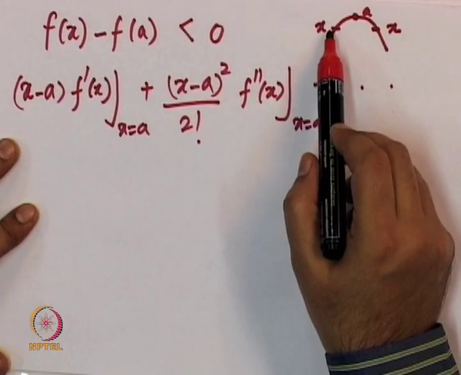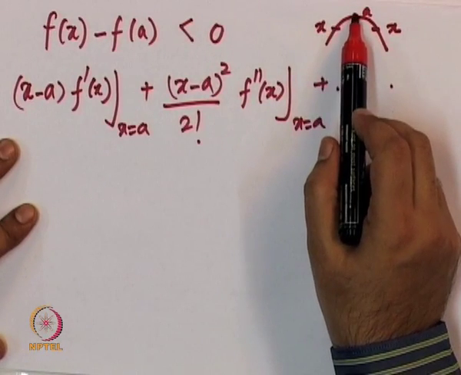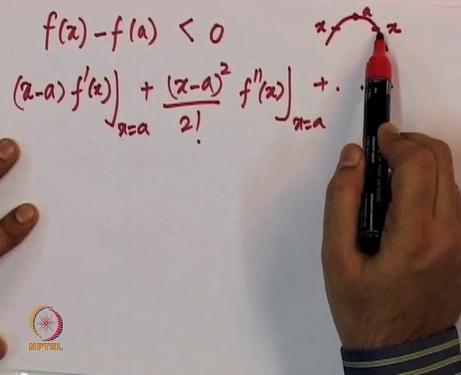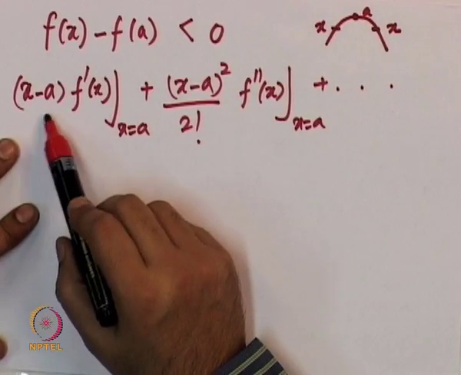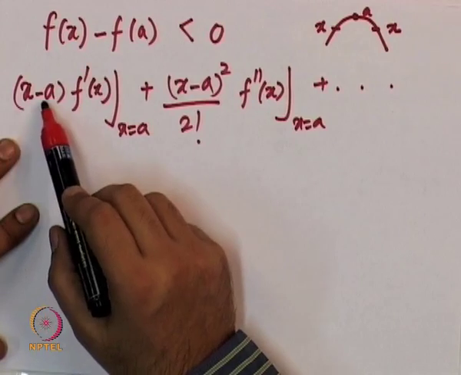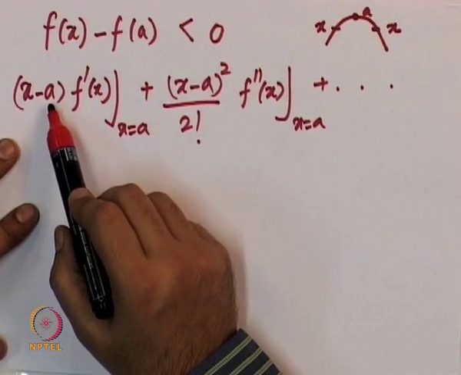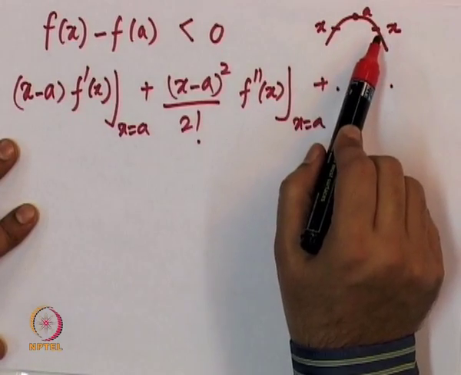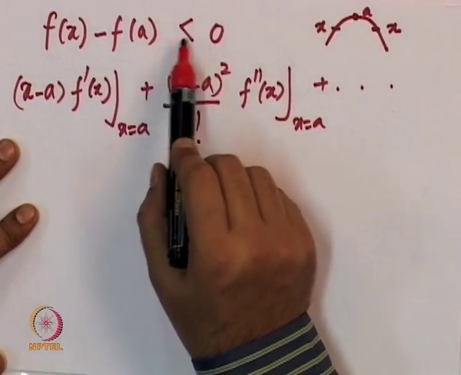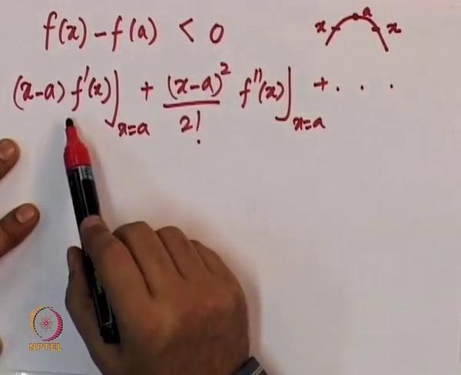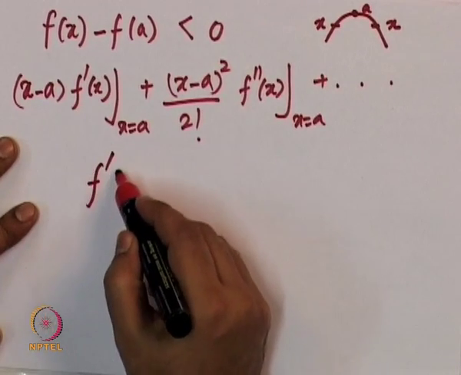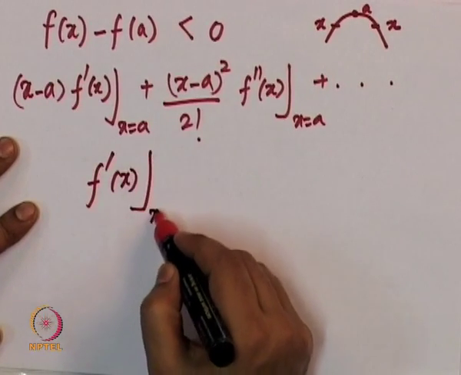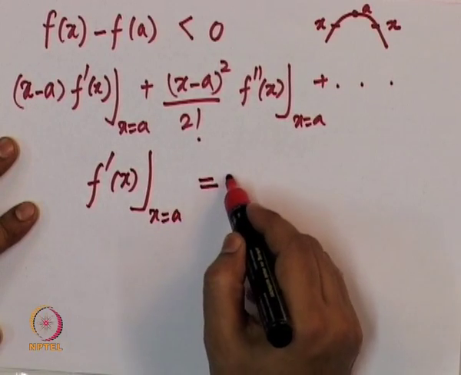If I have chosen x here, then this x minus A is going to be negative, but if I have chosen x here, this x minus A is going to be positive. So, this quantity will become positive or negative depending on where I choose x, but this quantity has to be necessarily less than 0, which means the only way that condition is satisfied is if f prime of x at x equal to A itself is equal to 0.